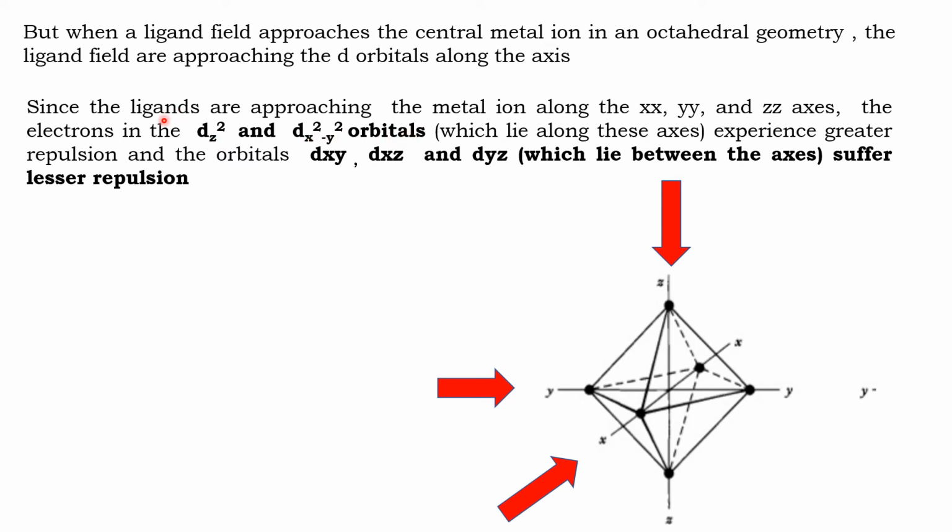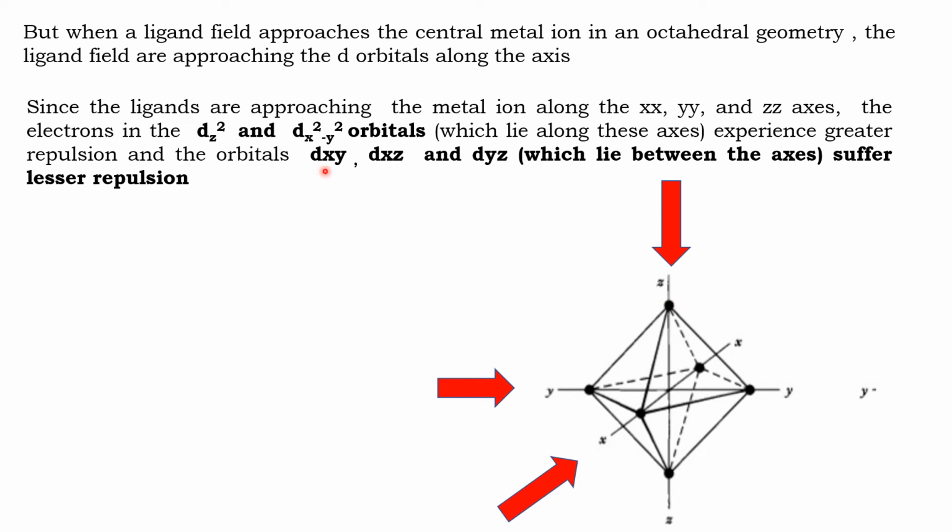So, since the ligand is approaching the metal ion along the x, y and z axis, the electrons in the dz square and dx square minus y square orbitals, which are along the axis, experience greater repulsion. Why? This is the electron pairs from the ligands. This is electron of the d orbitals.